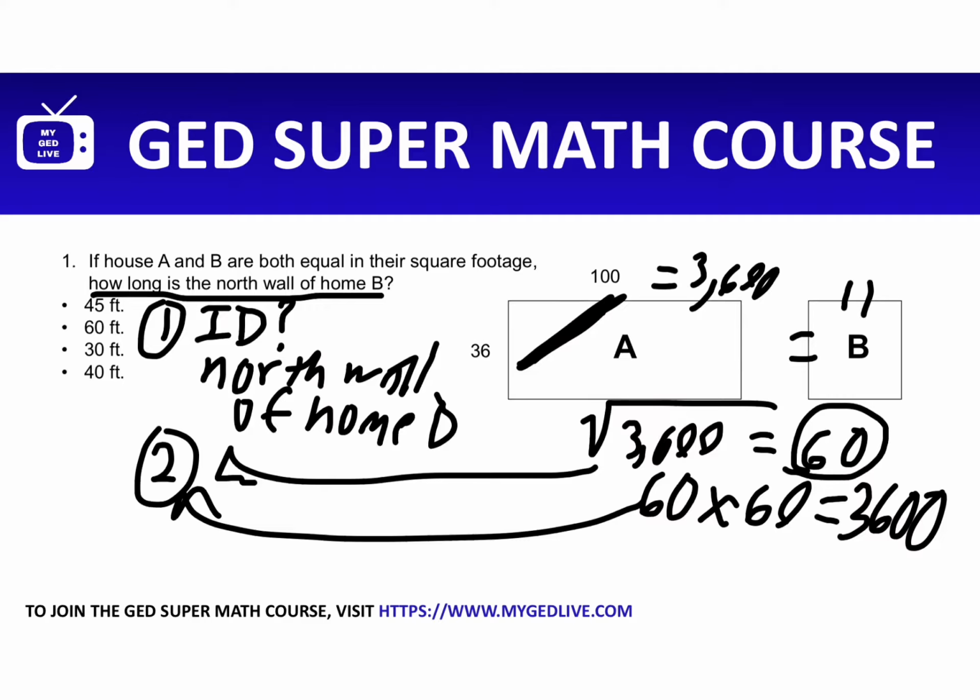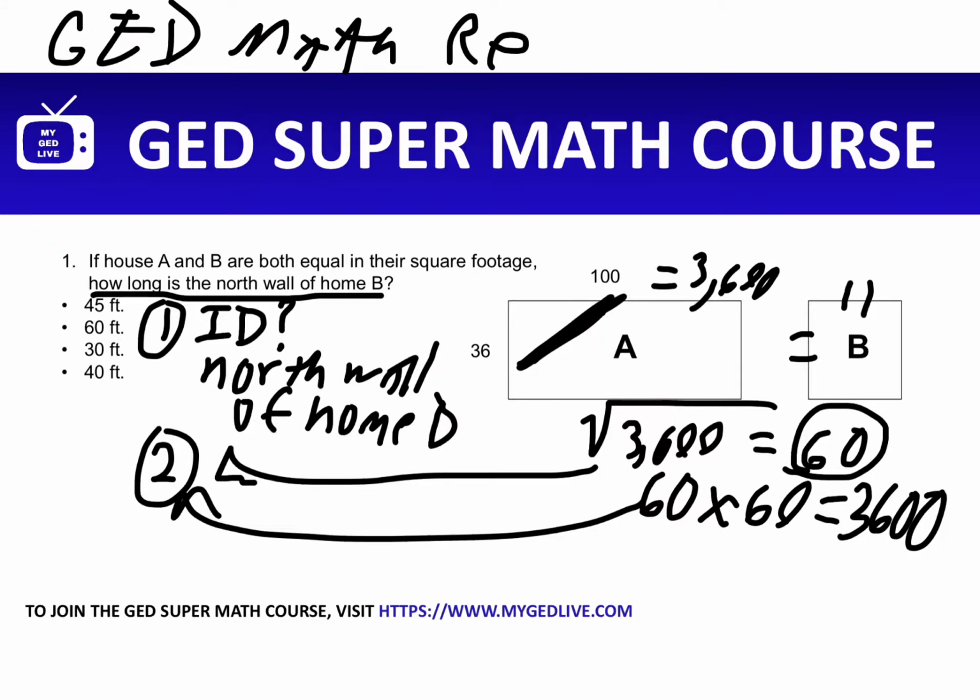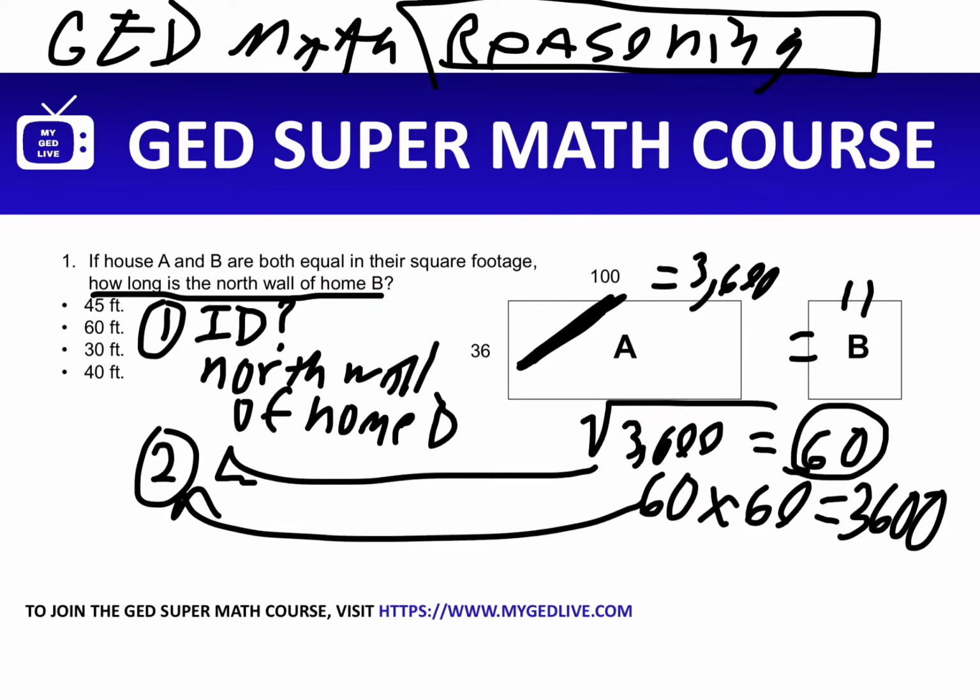On the GED test, this is why it's called a GED Math Reasoning Test. It's not just simply the GED Math Test, but a GED Math Reasoning Test. And the reasoning part comes in where we begin to look at, oh, okay, this house has 3,600 as a square footage, and this house also has 3,600 as a square footage.